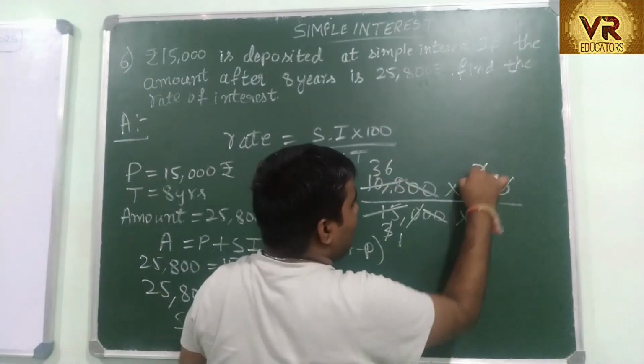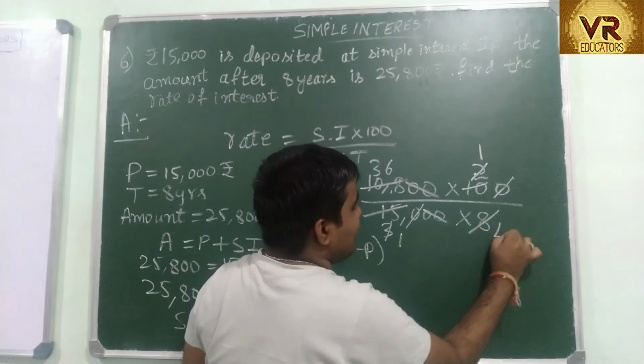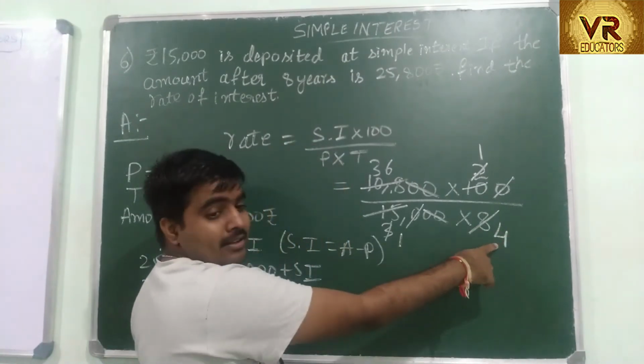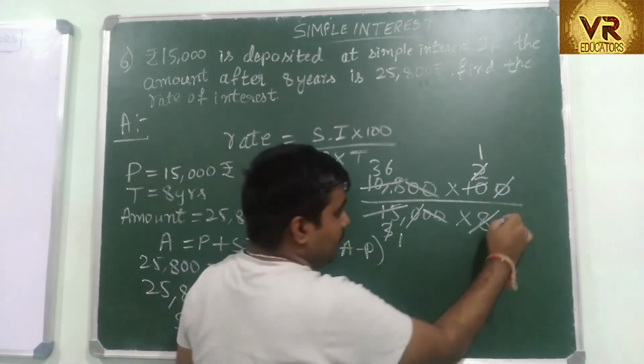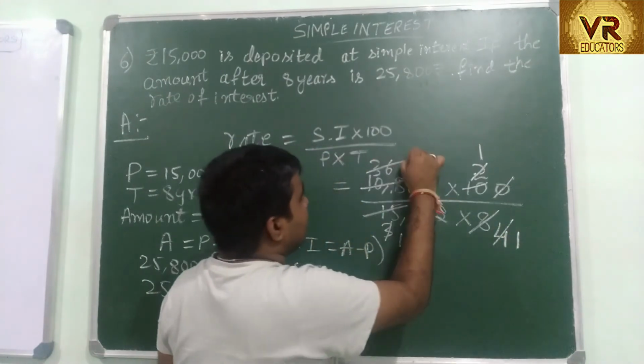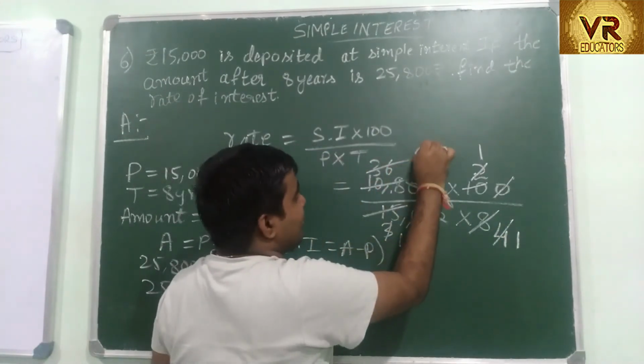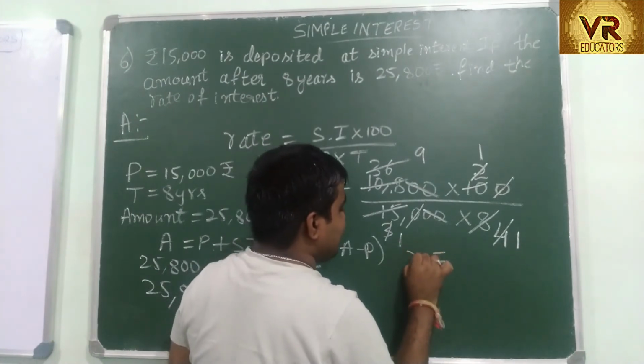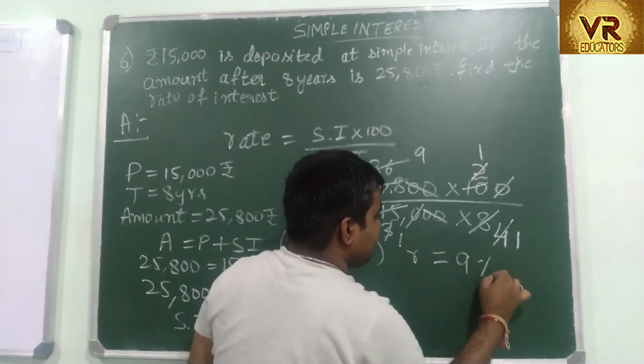Now 2 ones are 2, 2 fours are 8. Again you can divide 36 by 4. 4 ones are 4. 4 nines are 36. So the rate is 9% per annum.